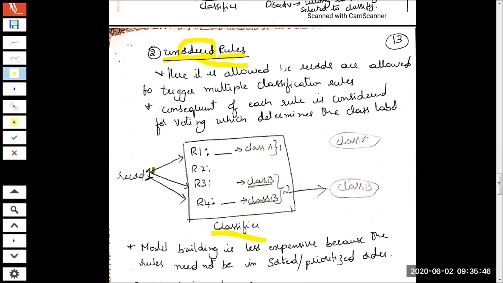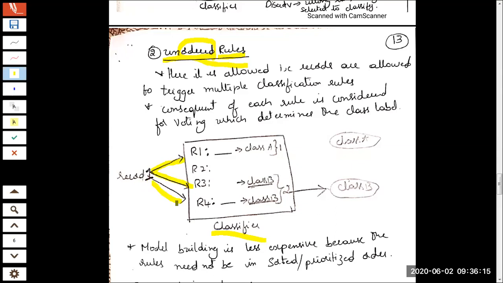Consider this situation. Record 1 is triggering 3 rules. Please understand a single record can trigger multiple rules. Nobody can stop it because attributes will be scattered across multiple rules. In my example, you can see record 1 is triggering rule 1, rule 3, and rule 4.